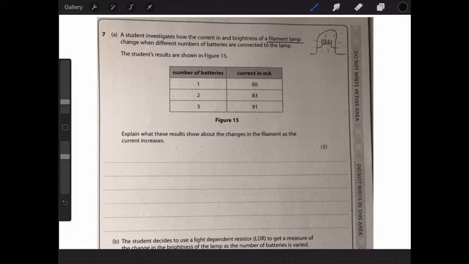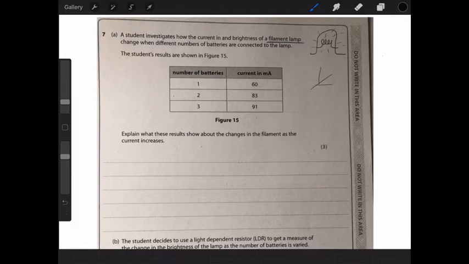So remembering that, as soon as we start to read this, thinking about the fact it's a filament lamp we're being asked about, and we know that a filament lamp, that piece of wire in there, does not obey Ohm's law because it's getting hot. And as wires get hot, there is an increase in resistance, because as the wire gets hotter, the ions of the lattice are vibrating more.